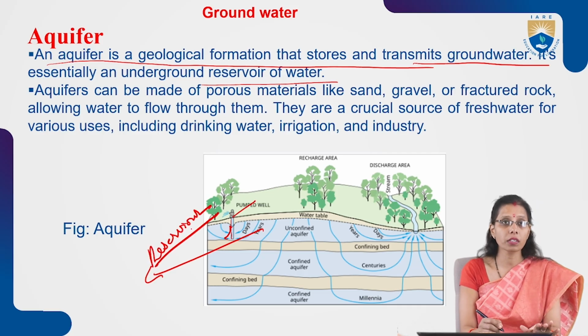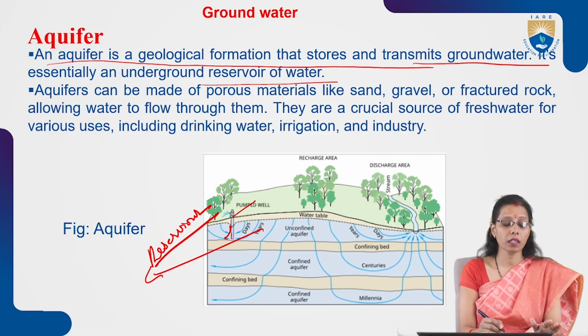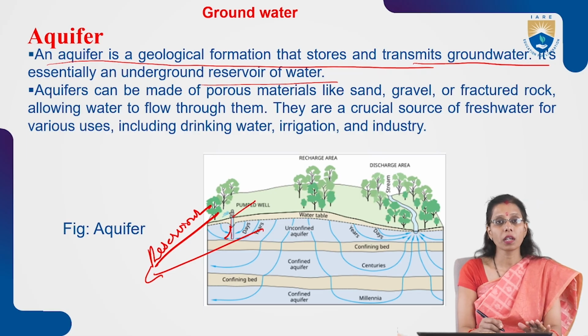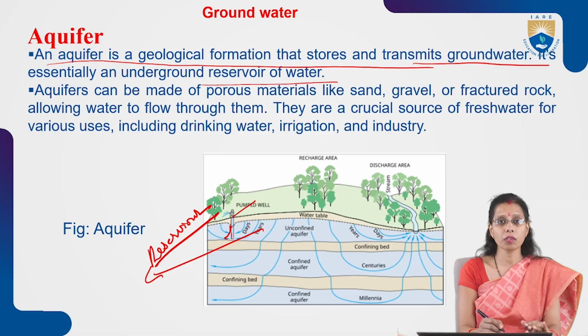So it's an underground reservoir, which is a source of water through the taps, the bores or the hand pumps in the society where we are staying. This aquifer water helps us get more water through the bores or the hand pumps.